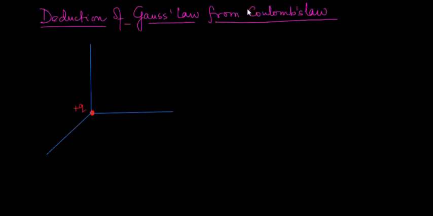This is the origin O and this is the plus q charge. Now take a point P, suppose this is the point P, and join this point P from this origin with a straight line.